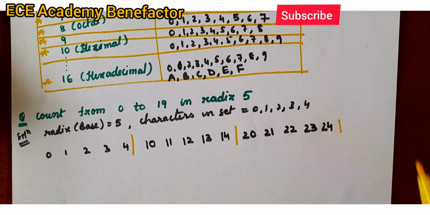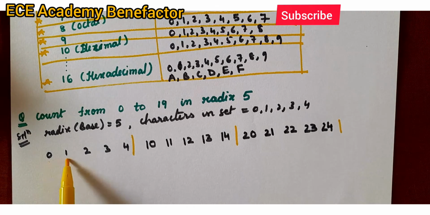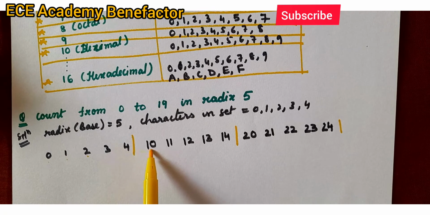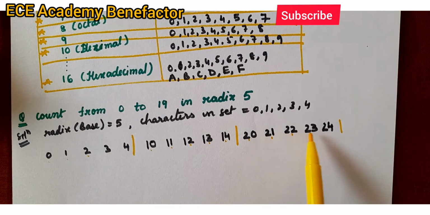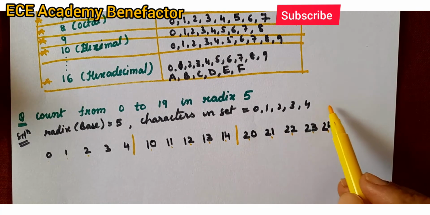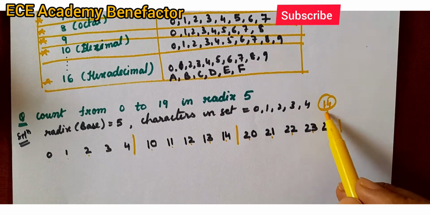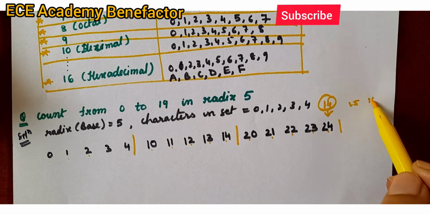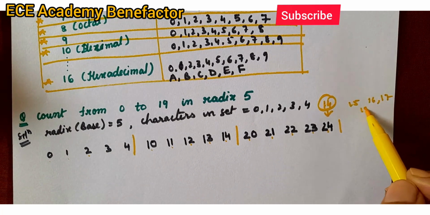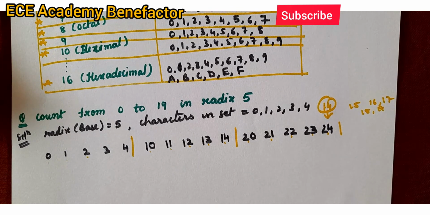Now what is the decimal number? We can now say 0, 1, 2, 3, 4, 5, 6, 7, 8, 9, 10, 11, 12, 13, 14. So up to 14 we have written. Now we have to write 15, 16, 17, 18 and 19, 5 more numbers.